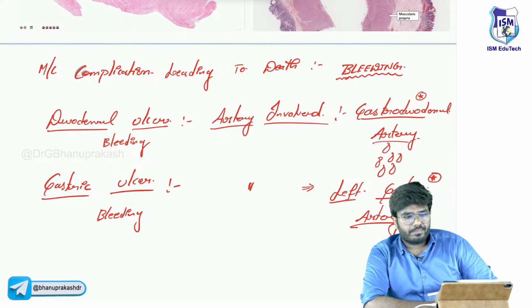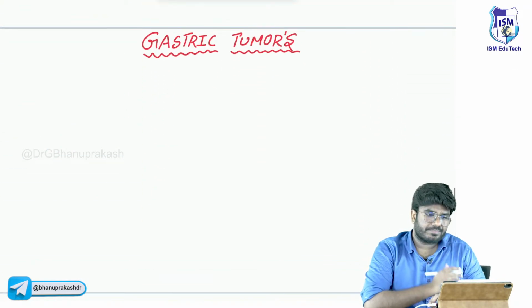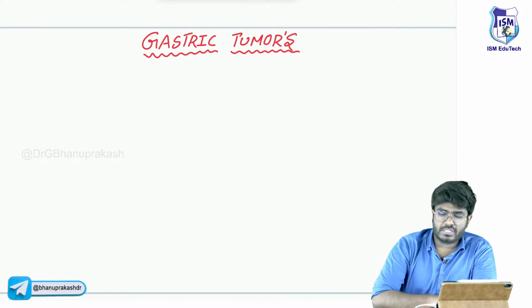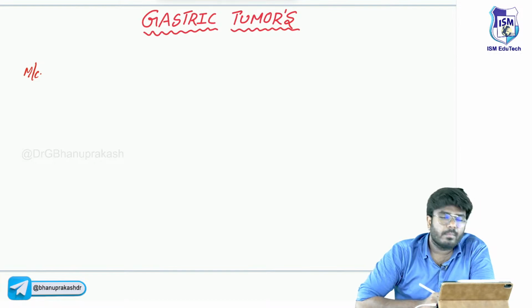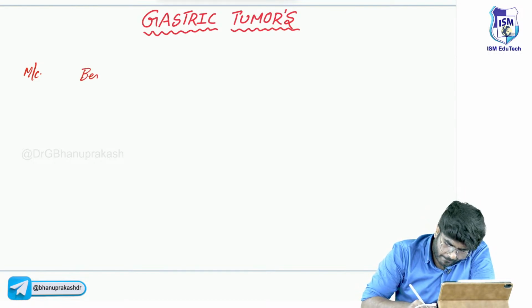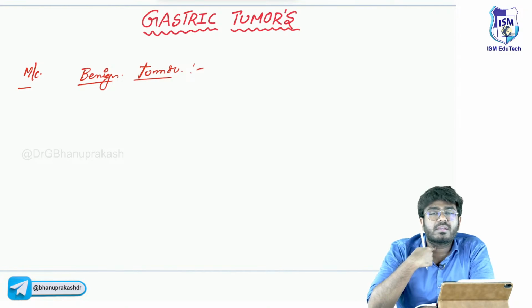Having said that, now let's begin to enter into the topic of gastric tumors, the tumors which occur in the stomach. What is the most common benign tumor? See, the most common benign tumor of the esophagus is leiomyoma.